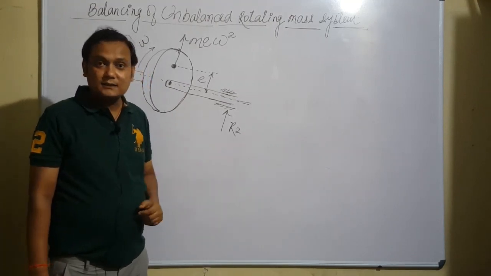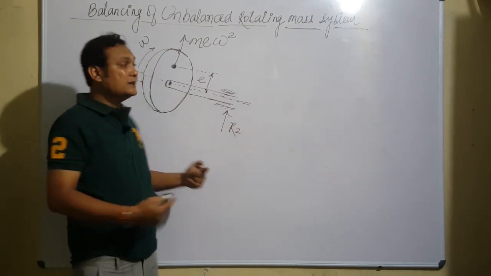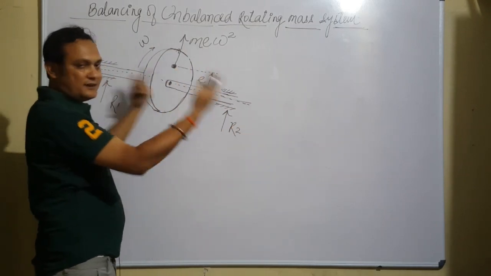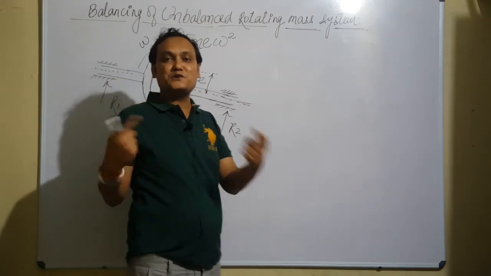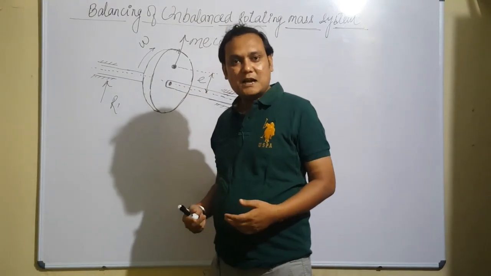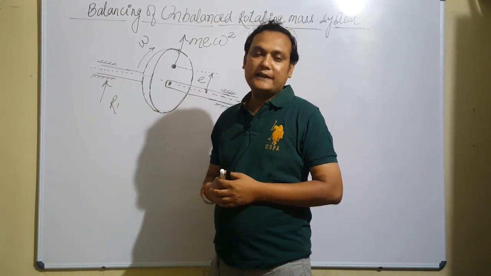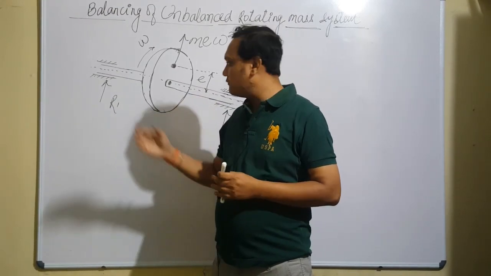And as a result, the reactions because of this centrifugal force on the support, they are also going to rotate. So constant in magnitude, but continuously changing the direction. Dynamic loading comes into picture. What will happen to the support?